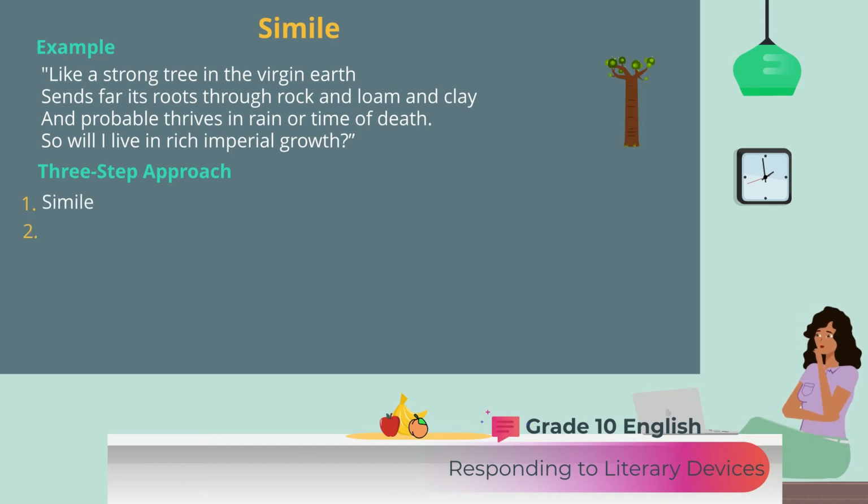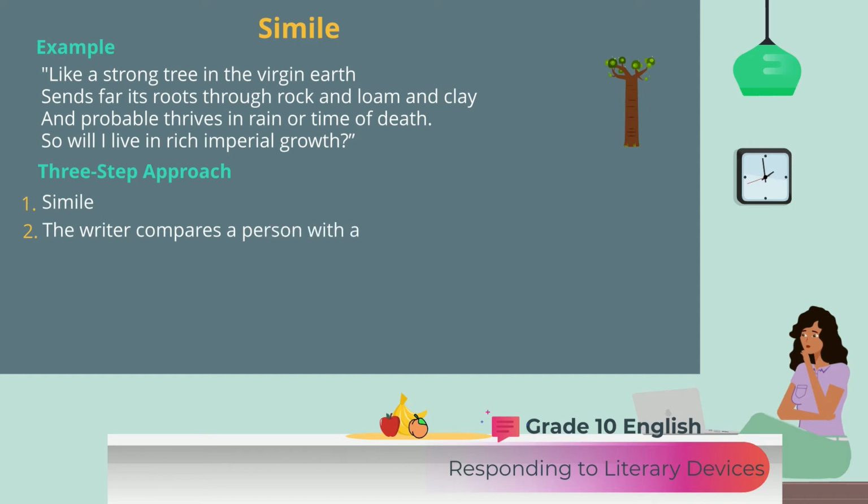Secondly, in justifying that this is indeed simile, we would have to point out that the writer compares a person with a strong tree using like. The comparison is built on the tree's main similarities.